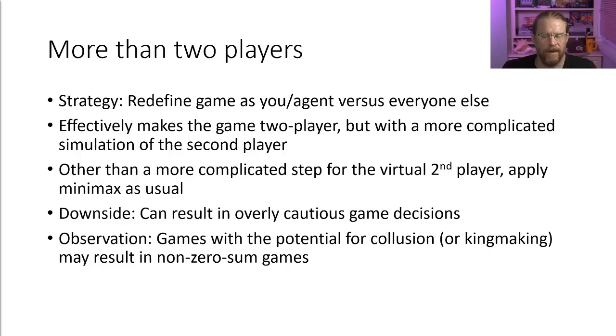So you effectively make the game two-player, but you've got a more complicated simulation now, where the second player has multiple stages where they're picking their best outcome for however many players there are in addition to your agent.